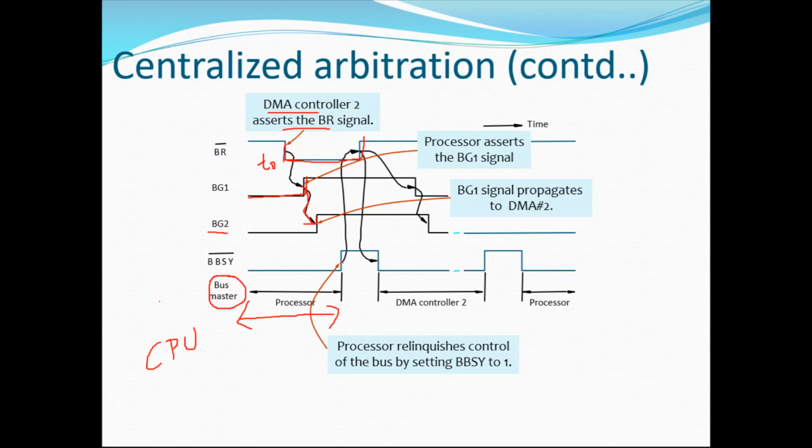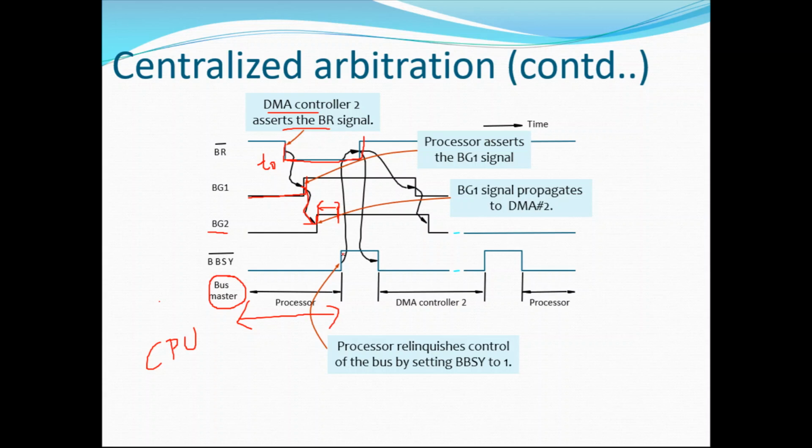Now the signal reaches DMA2. BG2 is enabled here, but reaching DMA2 also takes some time, so let us assume this much time has been taken.